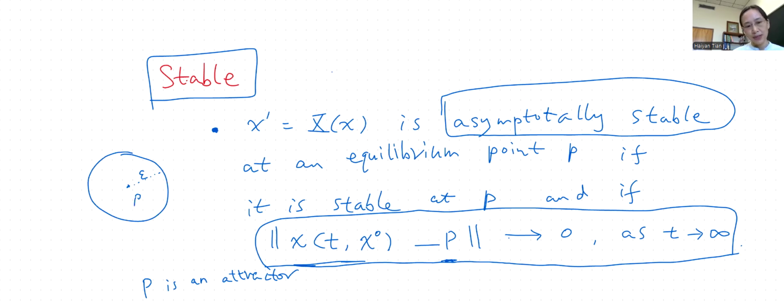That stable means we can find a delta. So there exists a certain delta, as long as your initial point, your initial value, suppose this is a delta.